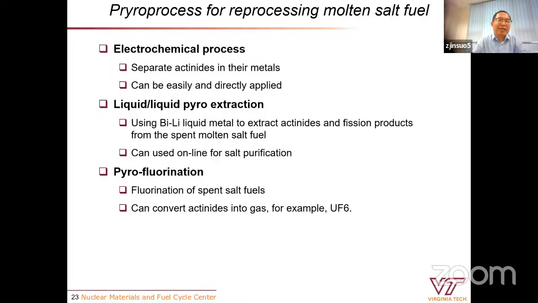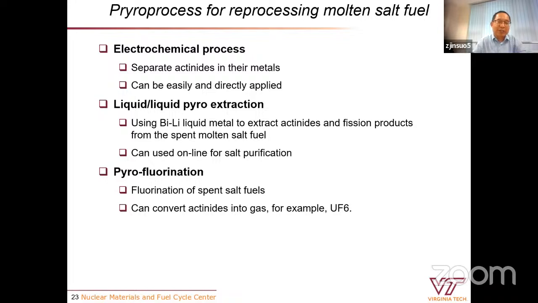And another process you can use is liquid pyrochemical extraction. You can use bismuth-lithium liquid contacting with the salt, and then the actinides and fission actinides can be extracted, and the fission products can also be extracted into lithium metal.